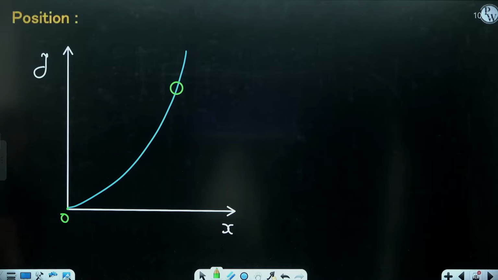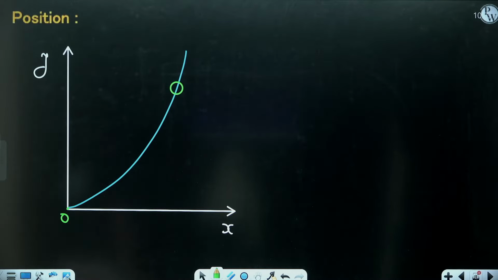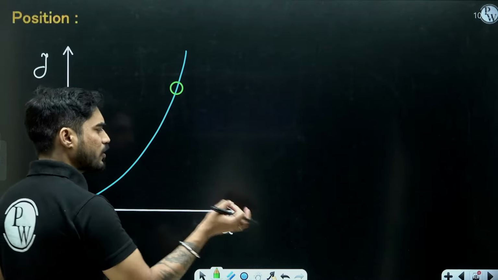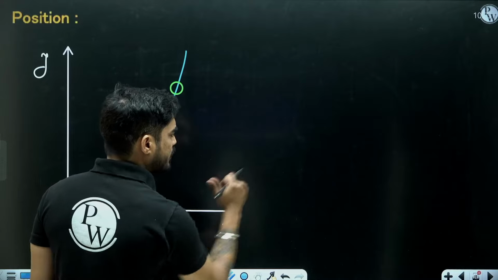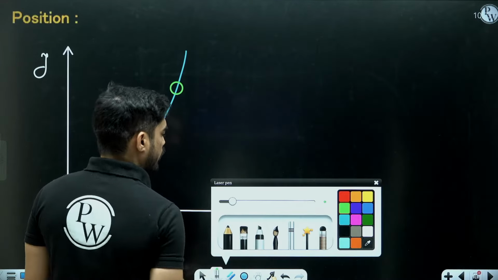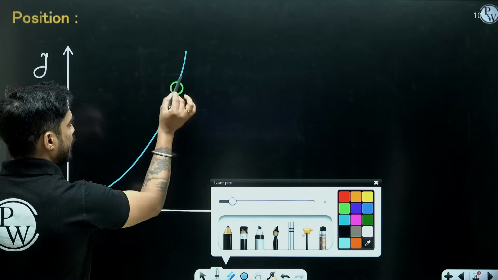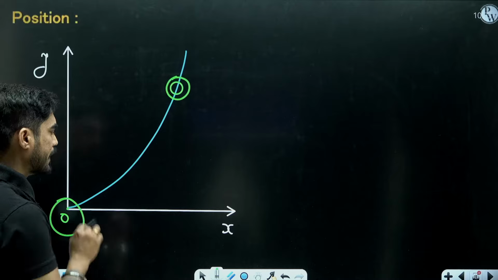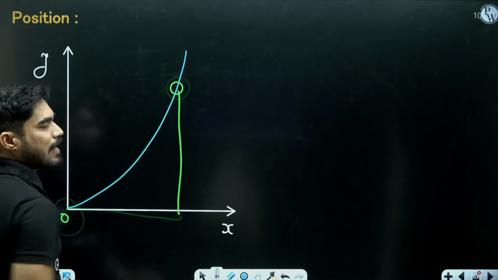If it was a rectilinear translational motion, in order to define the position, we need only one variable, only one coordinate, either the x coordinate or the y coordinate. But here, in order to define the position of this particle with respect to the origin, we need the x coordinate as well as the y coordinate.